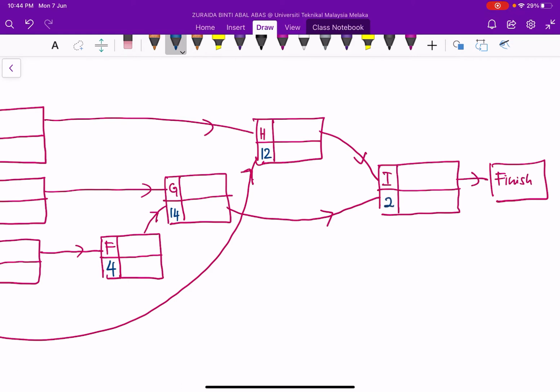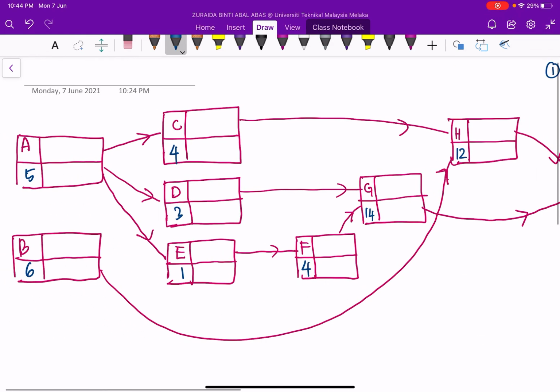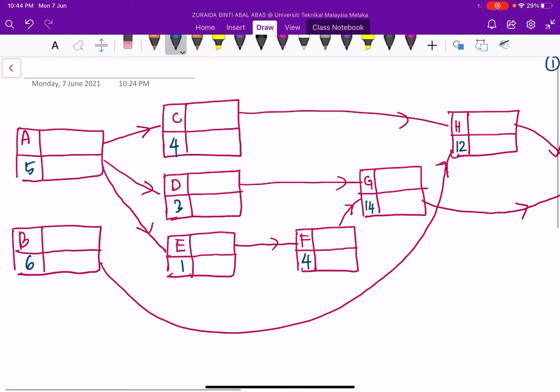The first thing is that we want to determine the earliest start time and the earliest finish time. For this box, the first one is what you fill in with the earliest start time, and the second one you fill in with the earliest finish time.